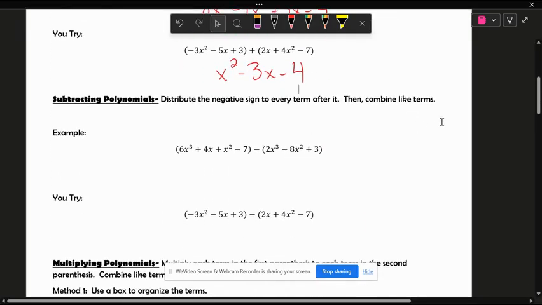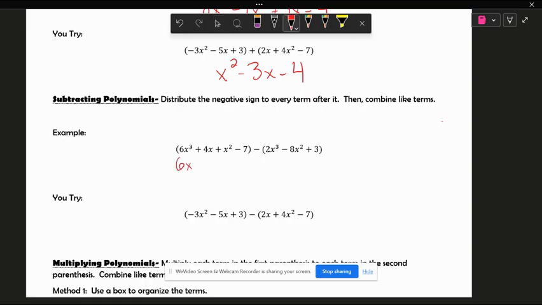Now going down to subtracting. Subtracting polynomials is the same thing as combining like terms, except we need to distribute the negative to the second polynomial first, because we're subtracting all those parts.